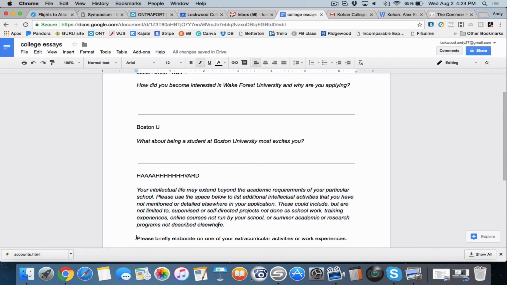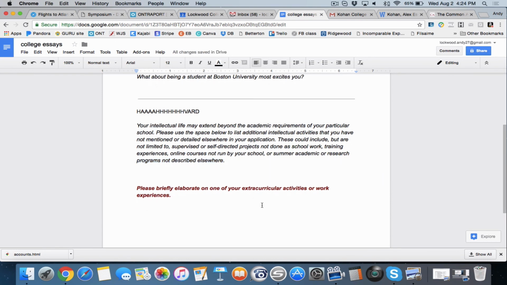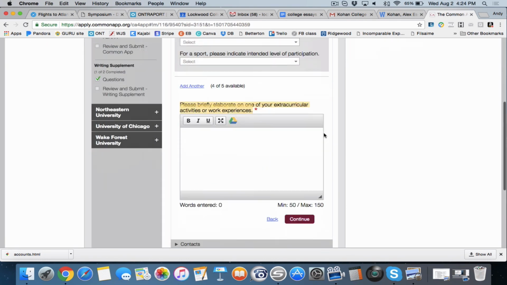When you come to a question that is shared by other colleges, I would suggest that you flag those some way also, because chances are that you will be able to repurpose some essays. Not all, definitely not all.